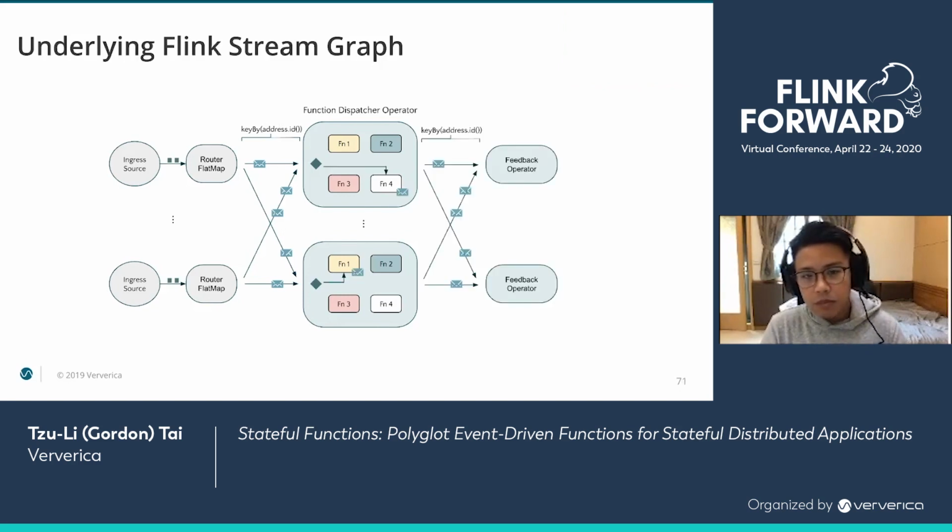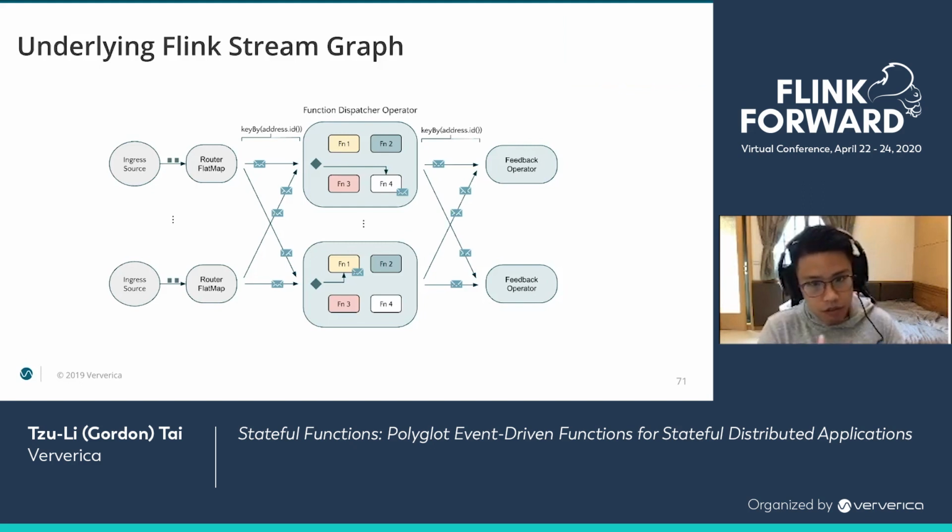Now on the receiving end, the function dispatcher then extracts the target function addresses from the envelope, loads the target function instance, and then invokes the function with the wrapped input message payload, also in the envelope.